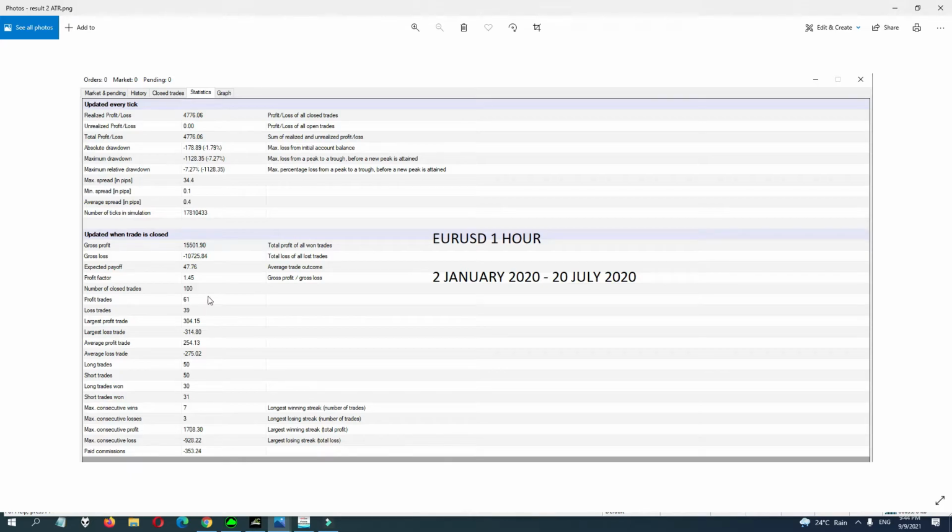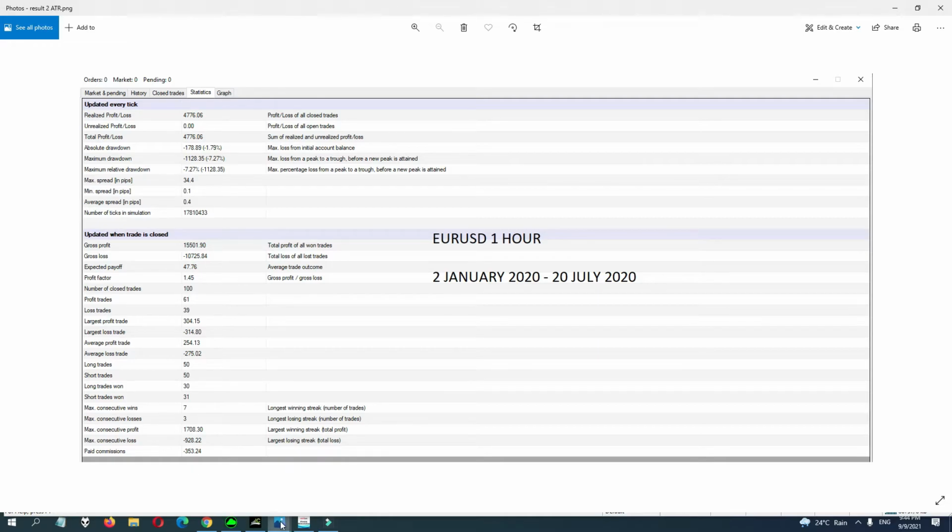So we have max consecutive wins 7, max consecutive losses 3, and we made 4,700 in 100 trades. So that's a 47% gain on the account, and that includes spread and commission as well.